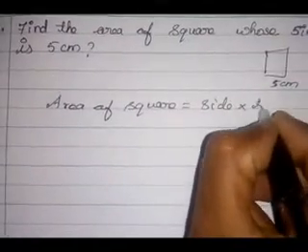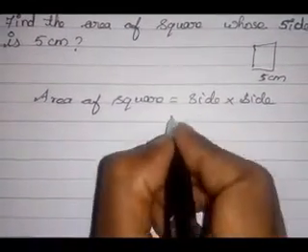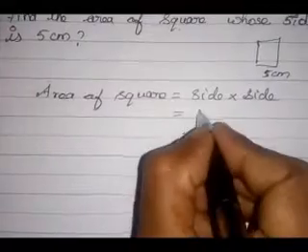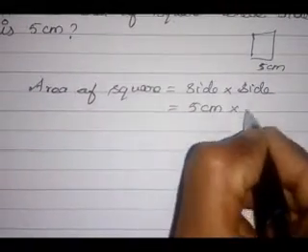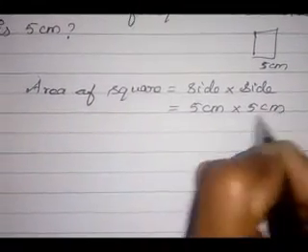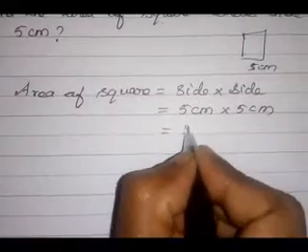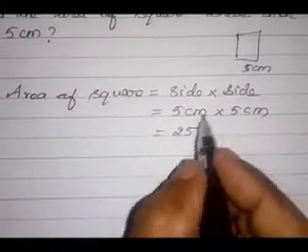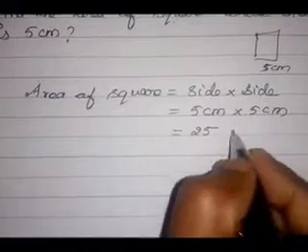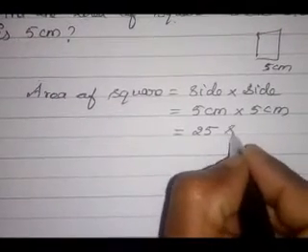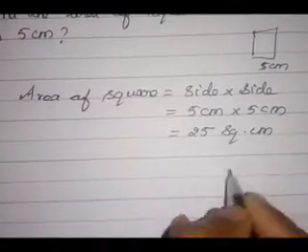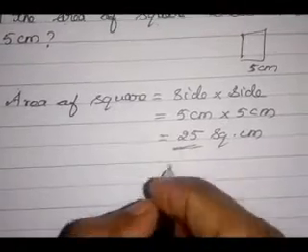One side is 5 centimeter, next side also 5 centimeter. So 5 into 5 is 25. The unit of area is square centimeter. This is the answer.